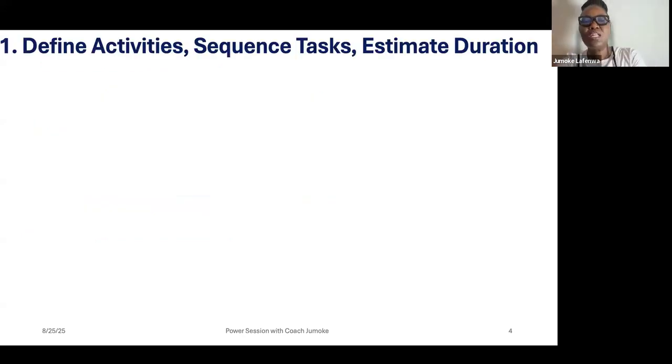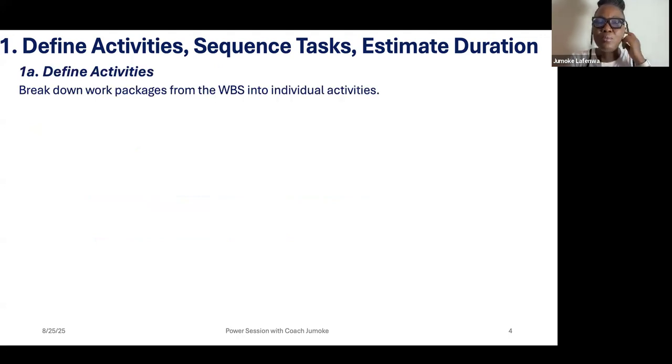So let's roll. The first subtopic today is define activities, sequence task, estimate duration. So the first one is define activities. For you to be able to define activities, you need to have done your WBS, work breakdown structure.